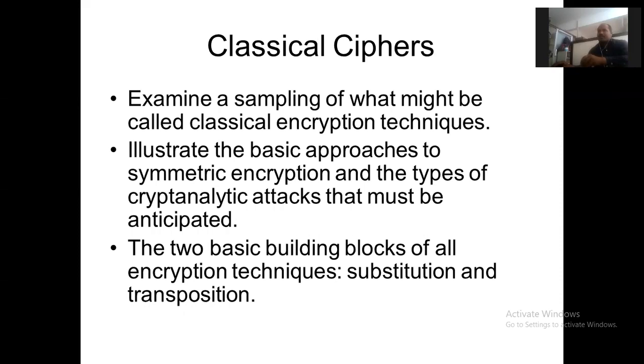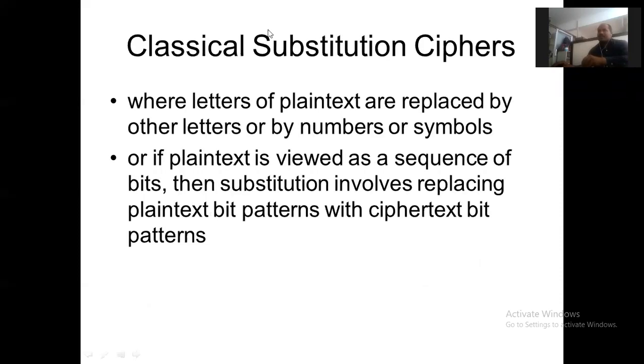So these are the classical ciphers. In the case of classical ciphers, we are going to learn the classical substitution ciphers first. I think one algorithm for the substitution cipher we have already covered in the previous lecture. The name itself indicates what it is: in a classical substitution cipher, whatever the characters of the plain text are, they are substituted with other characters. Suppose A is there; for A you can replace B, C, D, like that.